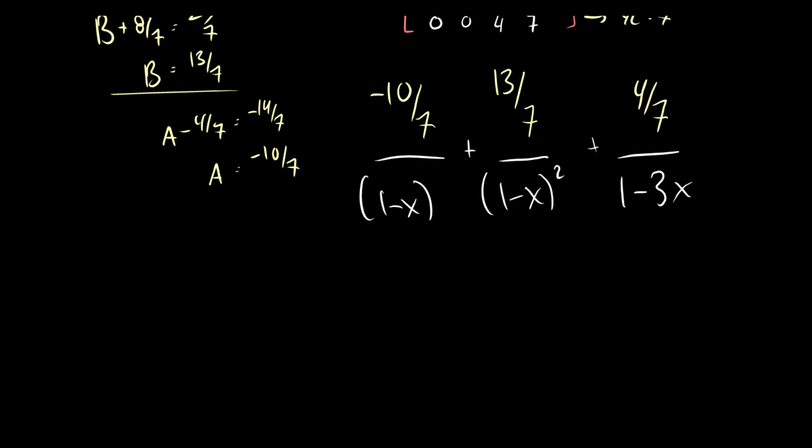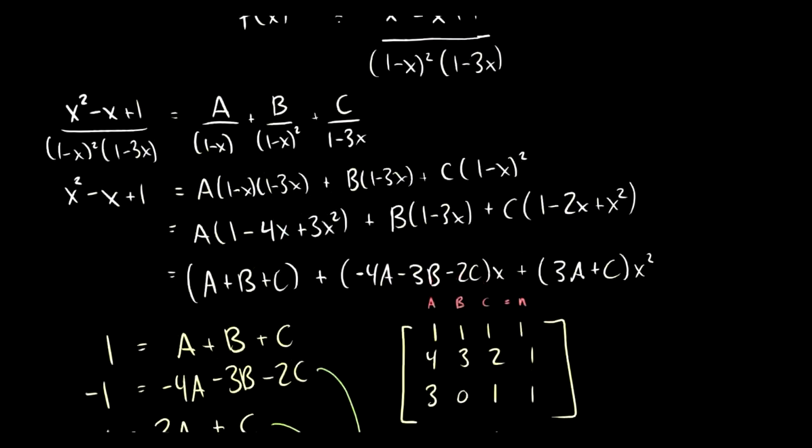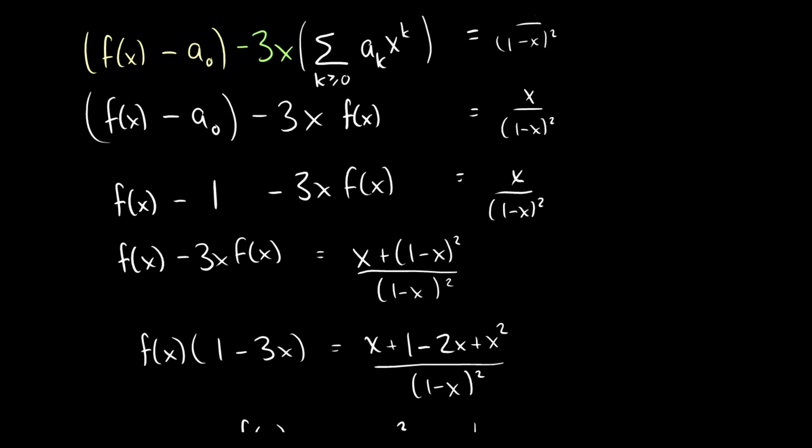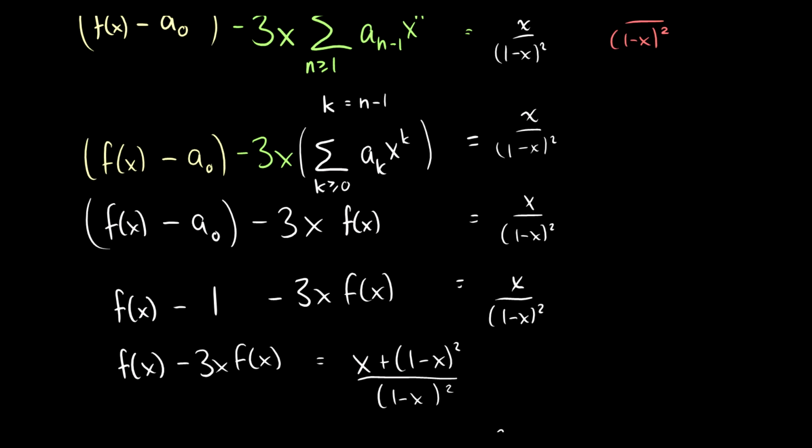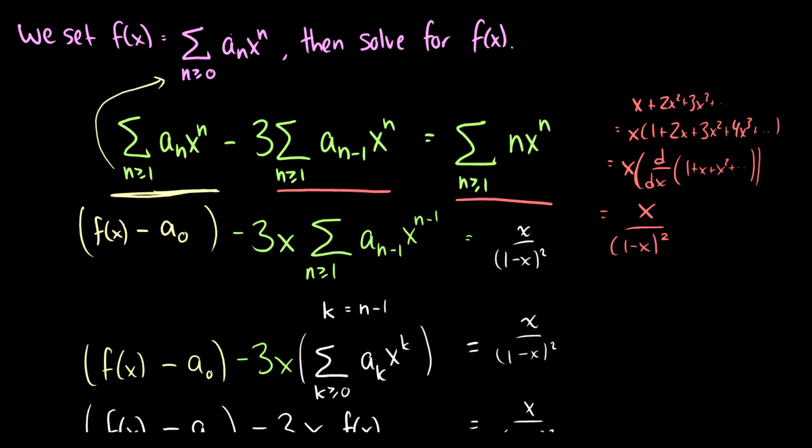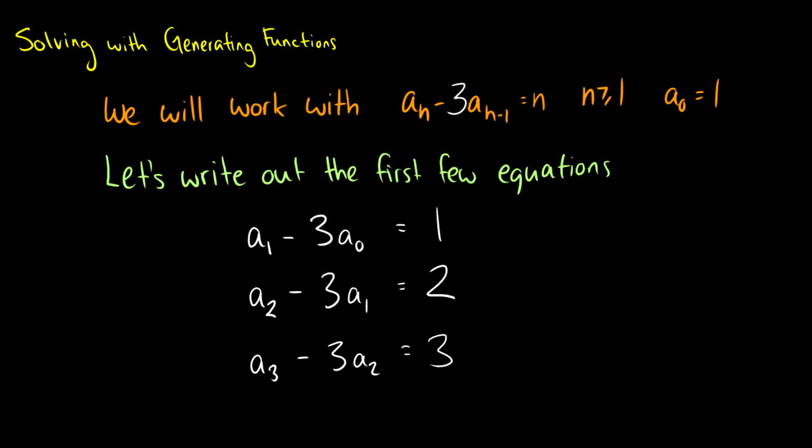Well, this is the generating function for this recurrence relation. So let's take a look at our original question. an minus 3an minus 1 is equal to n, with a0 equal to 1, and we wanted to solve that recurrence relation.